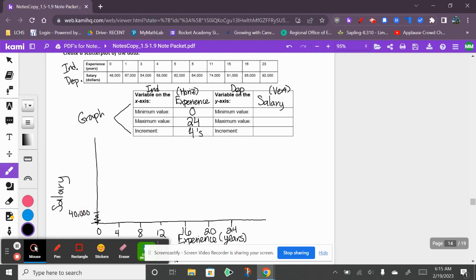Now you could go by like 5,000s, but I wouldn't necessarily go by 20,000s. That's probably not enough. So I'm going to go by 10,000s. And again, you want to make sure that you go at least to that value that you have or higher.